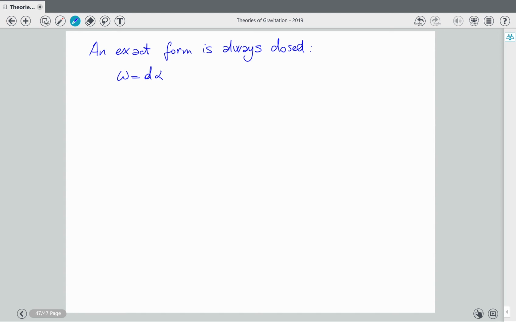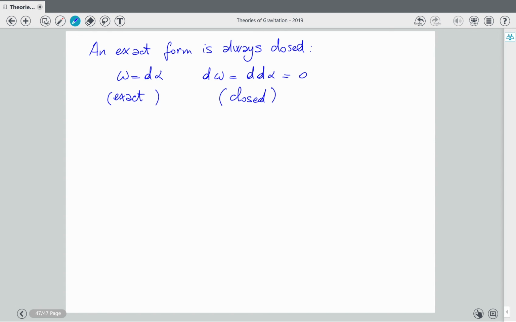If it is exact, it means that omega is d of something else. I want to prove that it is closed, that is to say d omega is equal to 0, but that's obvious because d omega is d of alpha, and d squared is 0, because d is nilpotent. So an exact form is always closed.